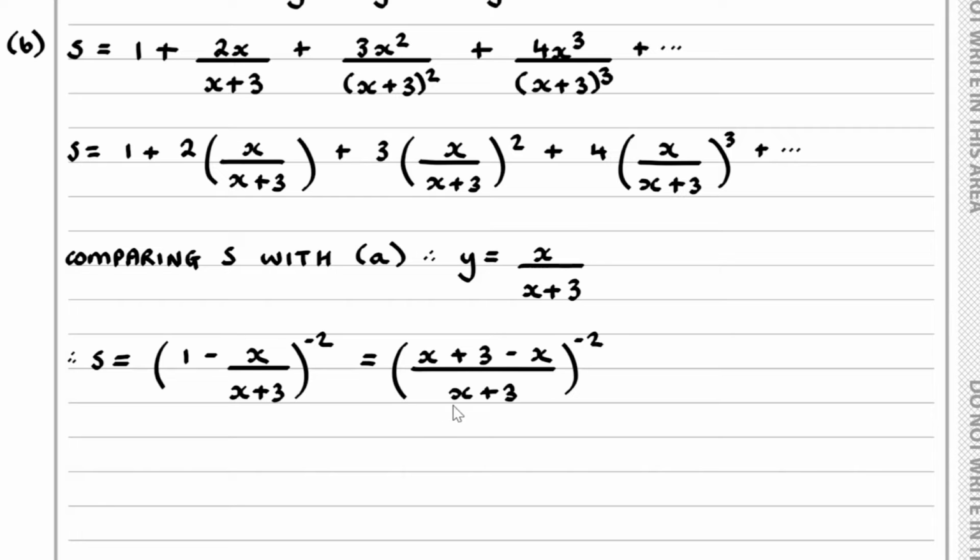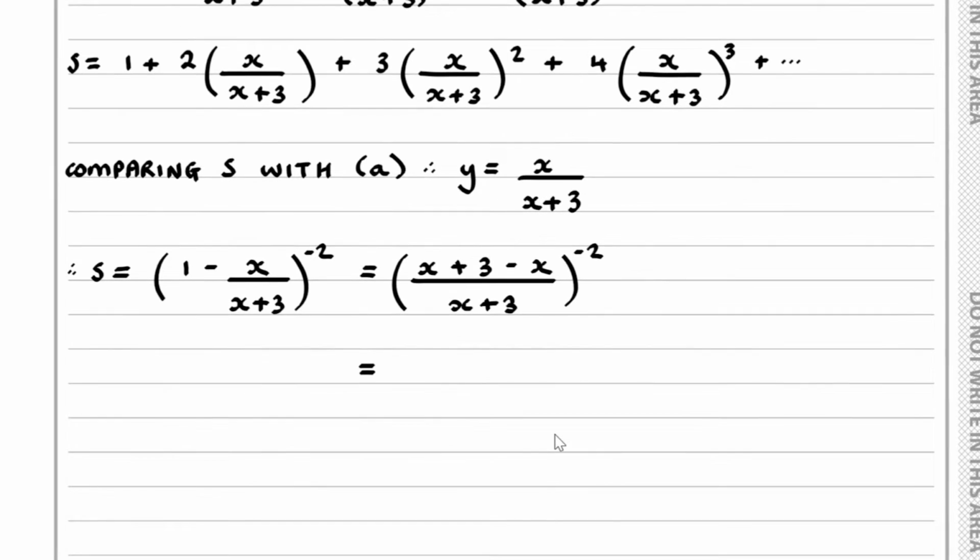We are raising this to minus 2. And so x plus 3 minus x is just 3. And then on the bottom we've got the x plus 3. We are raising this to the power of minus 2.